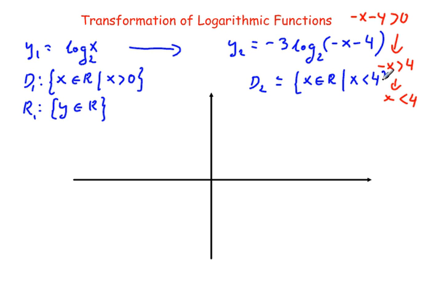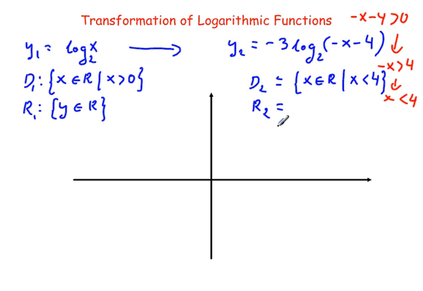So this is how and why the domain is x is real, such that x is less than 4. So no number 4, but anything that is less than 4. For the range of number 2, the range does not change when you do the transformation of a logarithmic function. Whether you shift it left or right, that is affecting the domain.